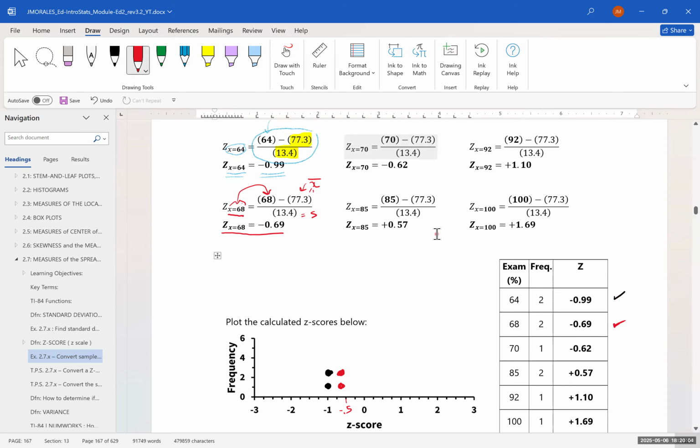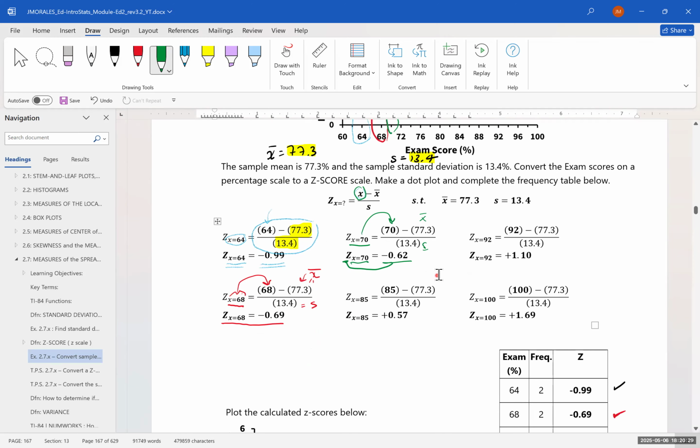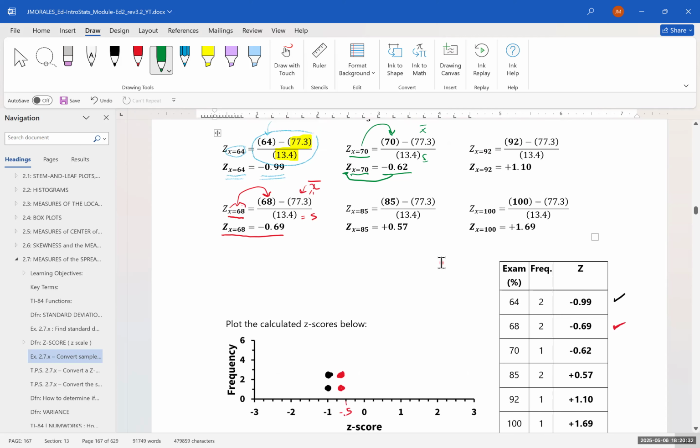All right. Now 70. So 70 is right here. We've only got one of those. So when x is equal to 70, we're going to put 70 in place of x. And then this is x bar and this is s. Simplify that. So when x is 70, z is negative 0.62, which will be just below that one.